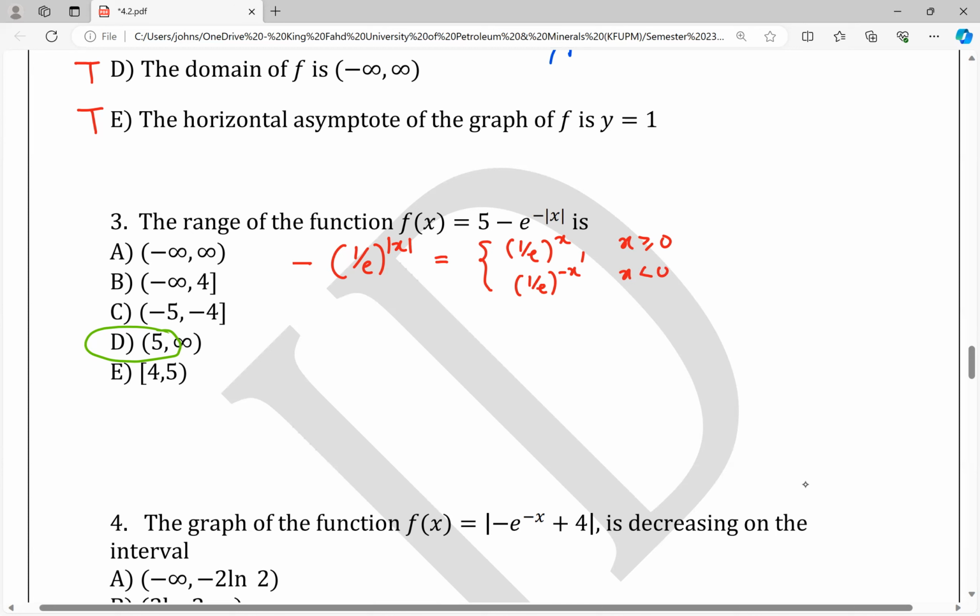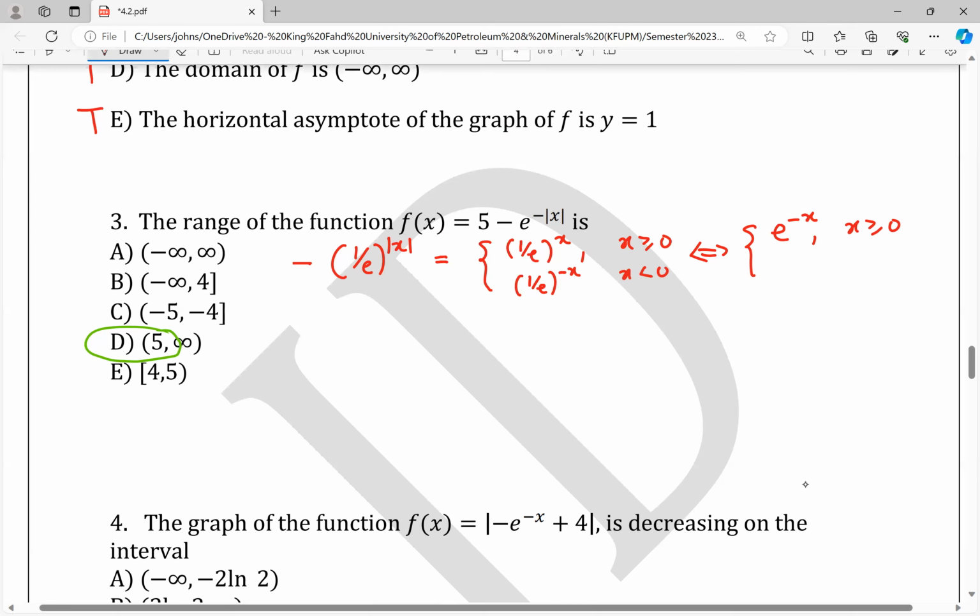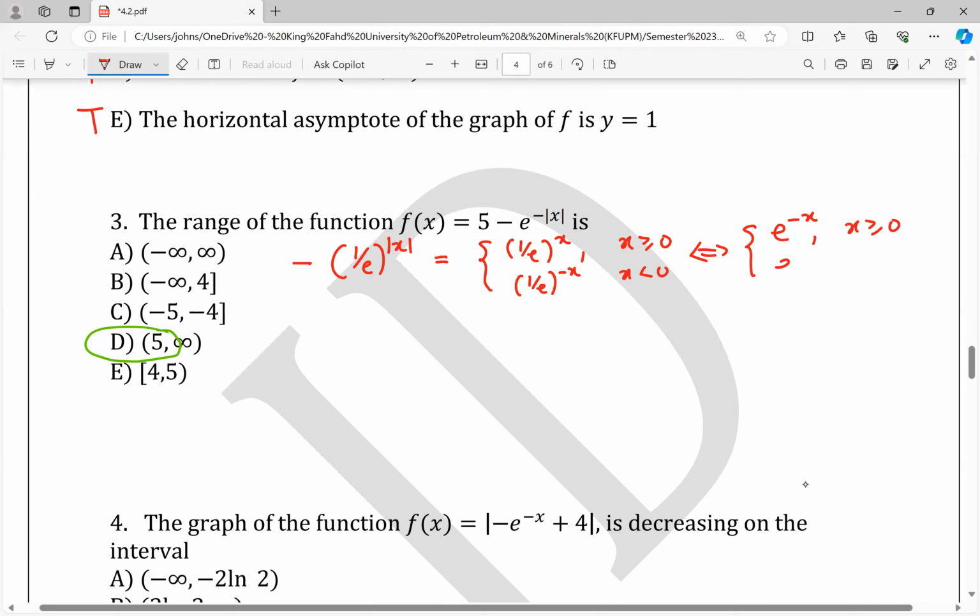Okay. And now, if you like, we can convert this back to what we want it to be. Instead of 1 over e to power x, this can be written as e to power minus x when x is positive, or this is minus minus, so this becomes e to power x when x is less than 0.